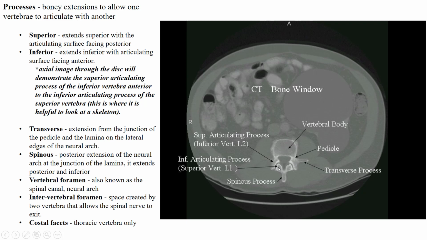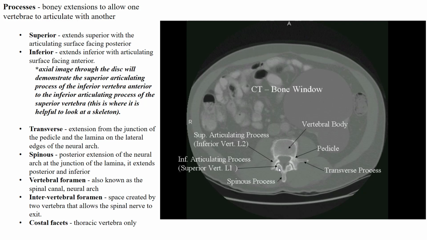And this superior articulating process is posterior to the inferior articular surface. So the superior articulating process faces posteriorly, and the inferior articulating process of L1 faces anteriorly. Just keep those things in mind.